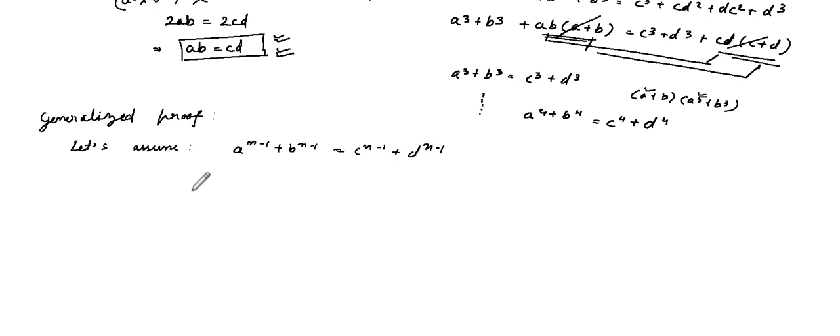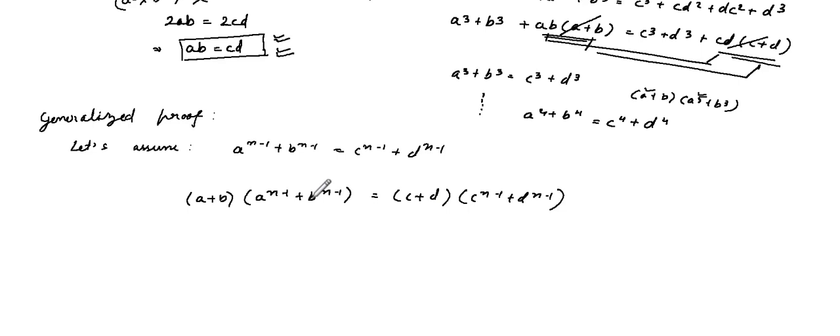Now, if we multiply the very first equation that we had, a plus b, on both the sides, and similarly, we can multiply here c plus d, c to the power n minus 1 plus d to the power n minus 1. So this is equal to this one, and this is our assumption, right? Now let's multiply it.